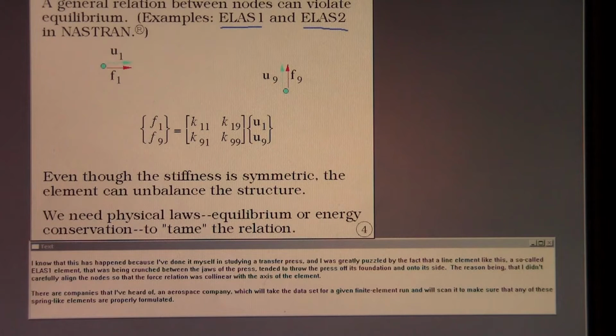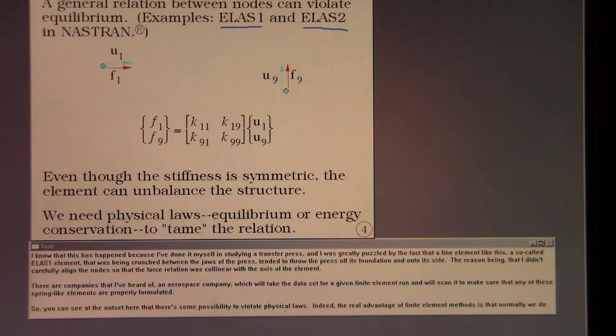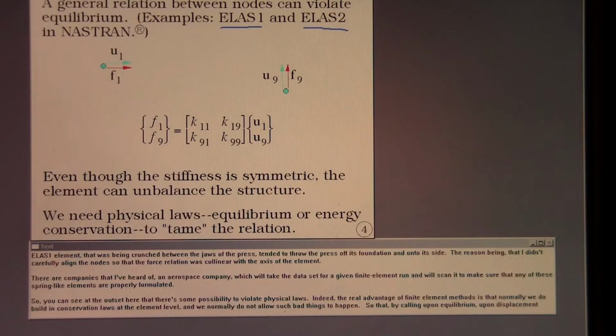There are companies that I've heard of, an aerospace company, which will take the data set for a given finite element run and then will scan it to make sure that any of these spring-like elements are properly formulated. So you can see at the outset here that there's some possibility to violate physical laws.